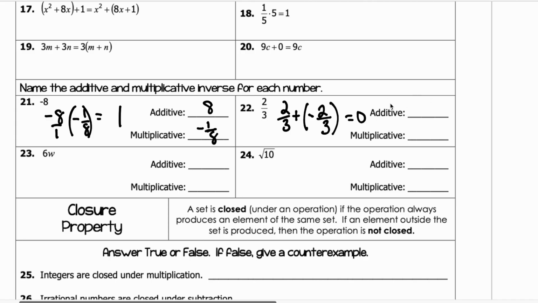So my additive inverse is going to be -2 over 3. Same thing goes for when we're multiplying, we're going to flip the number. So if I have 2 over 3 times, we're going to flip it. 3 over 2 is going to give me 1. So 3 over 2 is the answer for that one.